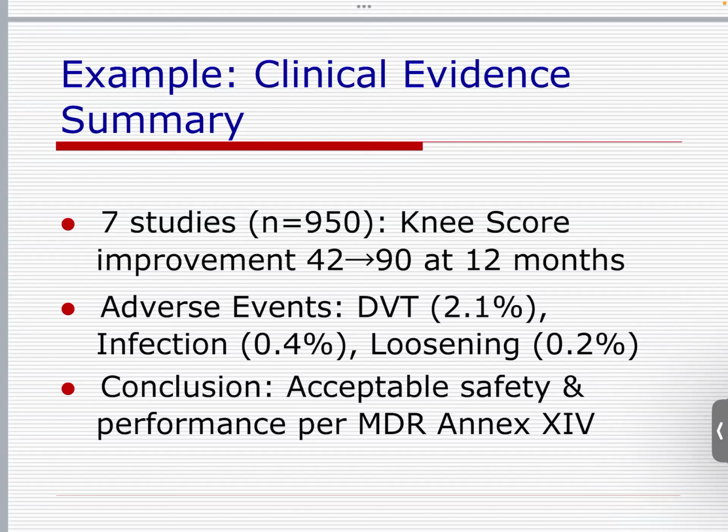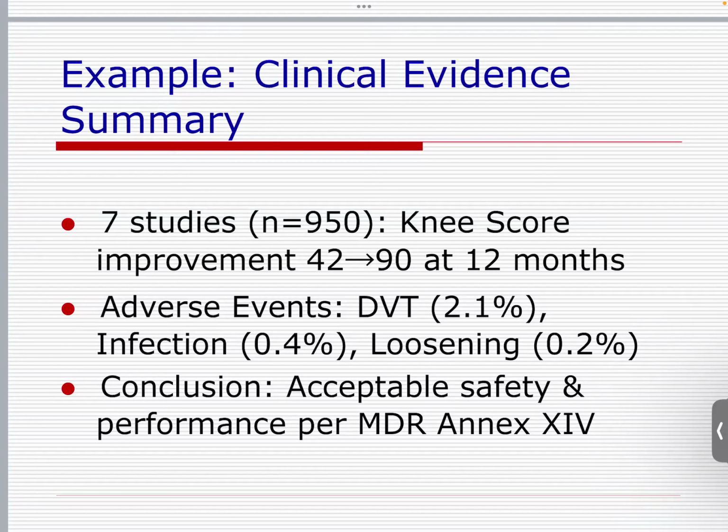MDR is the EU guideline. So the conclusion is acceptable safety and performance, because I also showed you how to write a summary on performance, safety, and conclusion. For performance, they told us that they have done 7 studies, 950 people joined, and they observed knee score improved from 40 to 90. That is the performance. The only thing in medical writing in these types of reports is that you can't add words from your side.